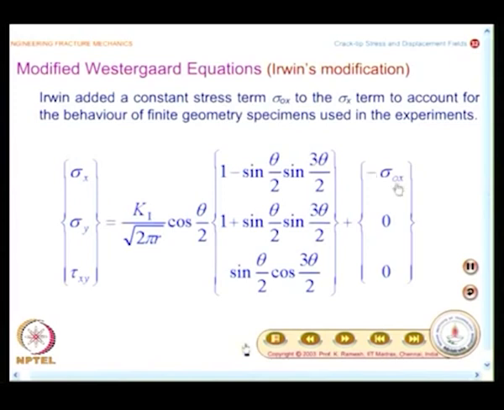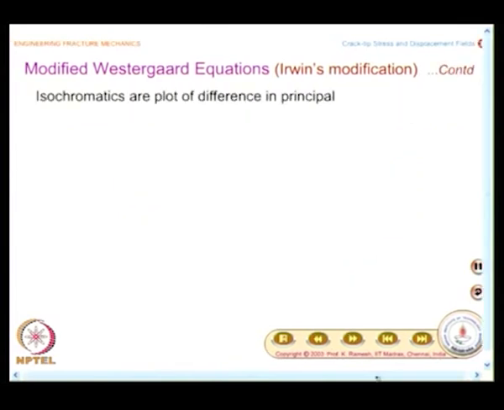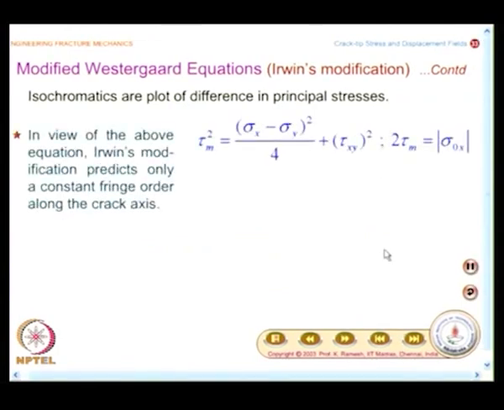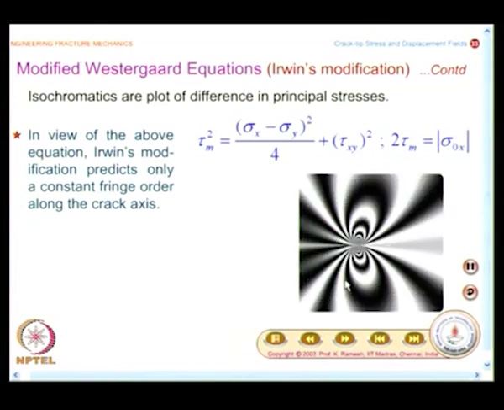What he did was, he simply added a second term in the series. The second term contained only a correction to the sigma x stress term, which is a constant value, the other two values are 0. How was this justified? If you plot the fringe pattern, which are nothing but contours of maximum shear stress, they appeared like this. It was a bonanza.